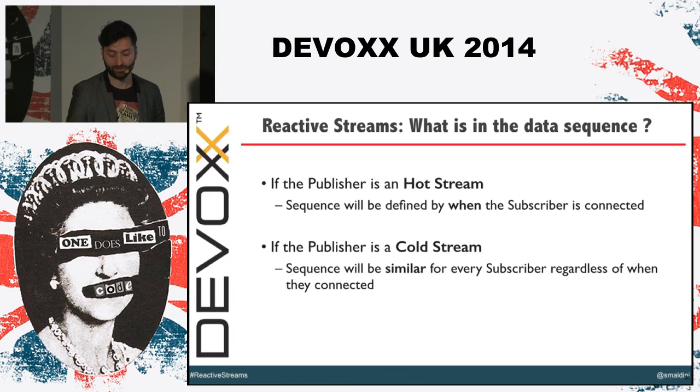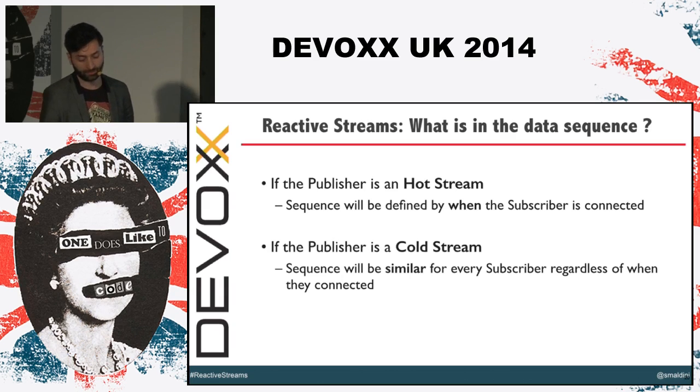That's the definition of a hot stream. You just see data from the given time you subscribe. The cold stream is the opposite, in fact. Every time you subscribe to a cold stream, you replay the data, because the publisher has the capacity to replay the data. If you think of a file, you can just replay it from the beginning for each subscriber if you want to.